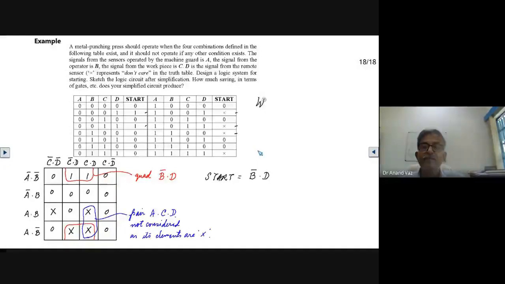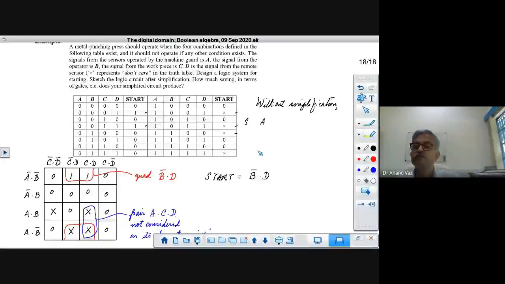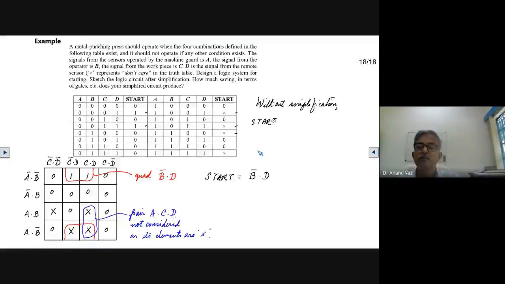So without simplification, you have: start is equal to not A and not B and not C and D, and the other one is not A and not B and C and D.